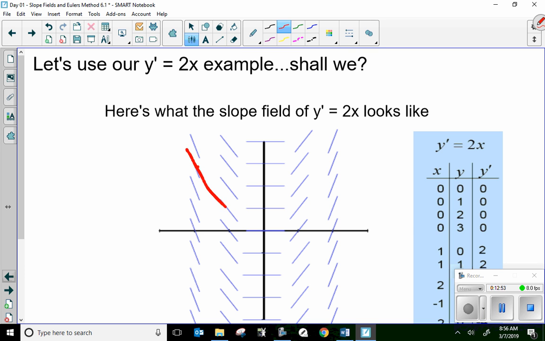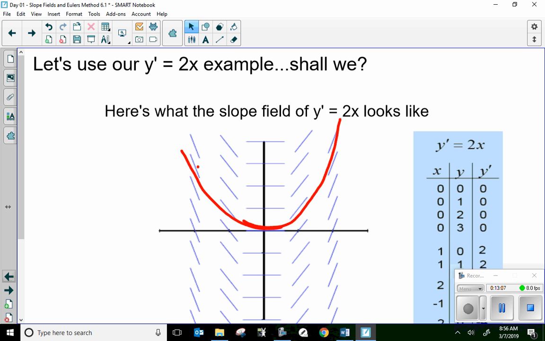It kind of goes down, then it gets less steep, then it comes up, then it flattens out right here, then it goes up, then it goes up even more. That's obviously a parabola. But my graph doesn't take up the whole axis every point like it does here. It would be a parabola here, maybe the parabola is here, maybe it is here. I don't know, but it's somewhere, it's a parabola.